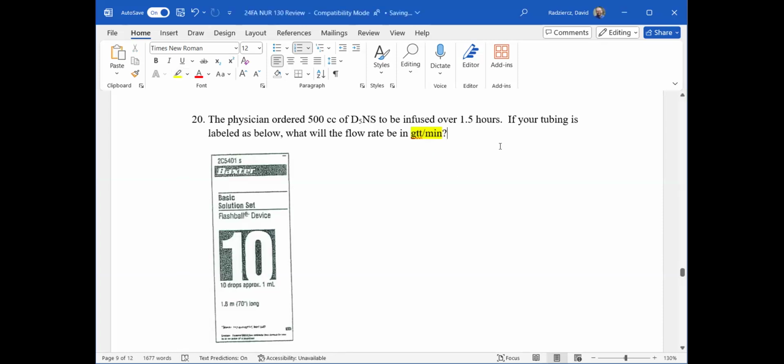That just tells you what you're looking for and that it is in drops per minute. We'll do this a couple different ways to get to a satisfactory answer. You'll see a variety of different ways in which this is asked, but you need only two pieces of information to solve these drop rate questions.